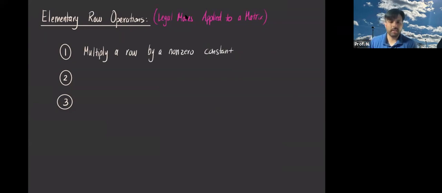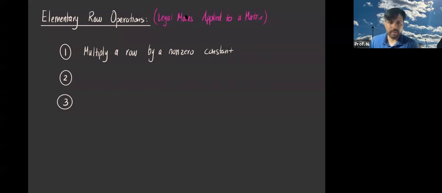And if you think about it, you've done it. When you did elimination, you said, I want to multiply the first equation by 3. So you already know this move, you just didn't know it's a formal thing. You can multiply a row by a non-zero constant.